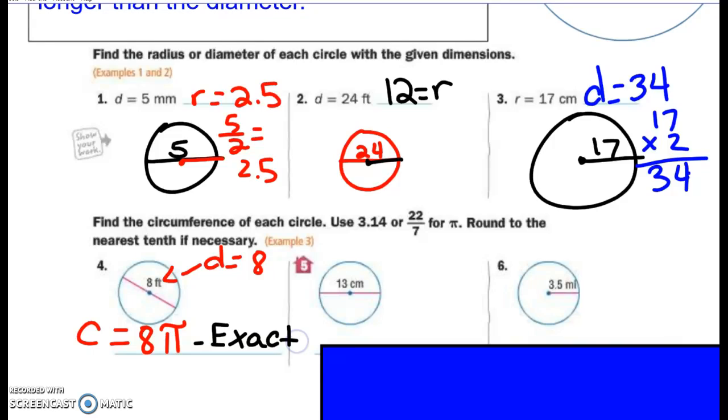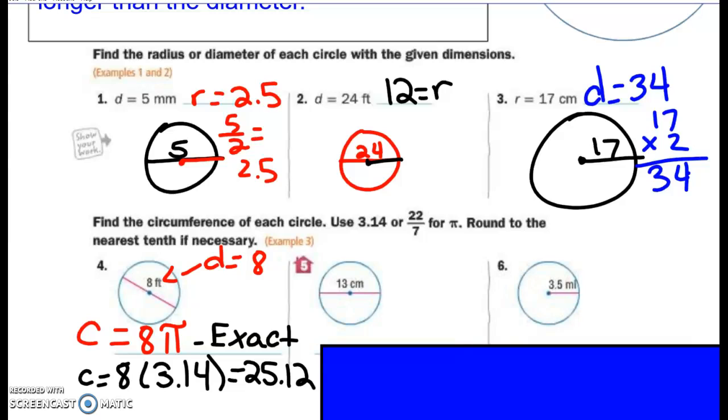However, my instructions told me to use 3.14 or 22/7 for pi. So I'm going to multiply the diameter times 3.14, and I know that the diameter is 8. When I multiply, I get 25.12, and so that represents my approximate.